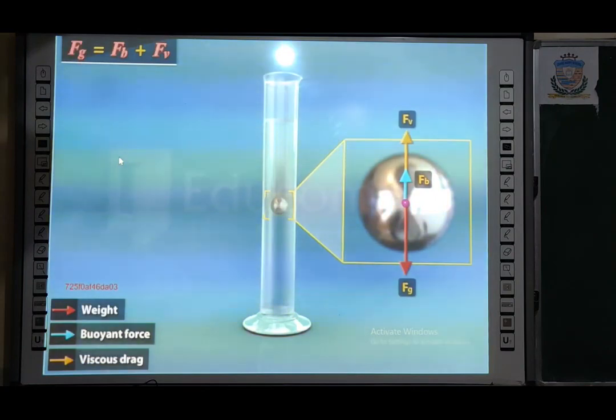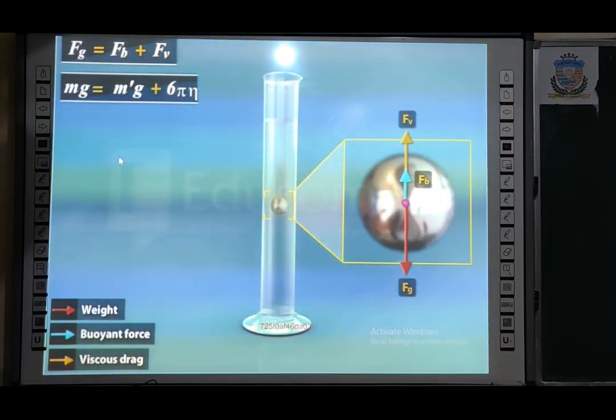Calculation of terminal velocity: using the free-body diagram, the force equation mg is equal to Fb plus Fv is solved to find terminal velocity by substituting the values of the force of gravity Fg equal to mg, buoyant force Fb equal to m dash g, and the viscous drag Fv equal to 6 pi eta r v.